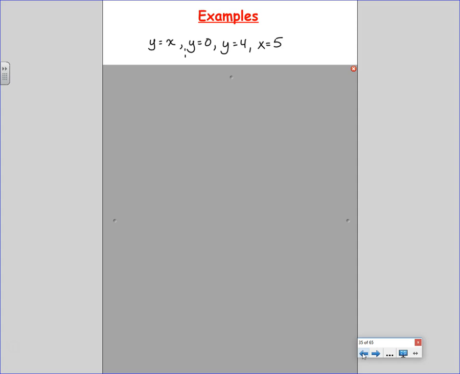Go. What are we rotating about? I know. Shush. You're rotating about x equals 5. Right? Yeah.